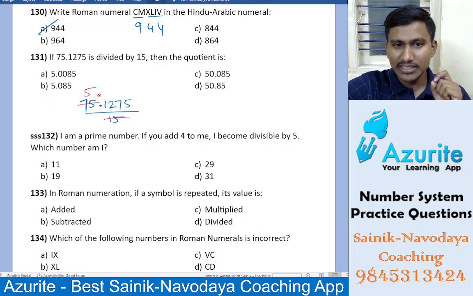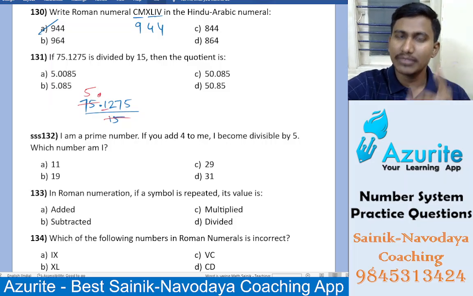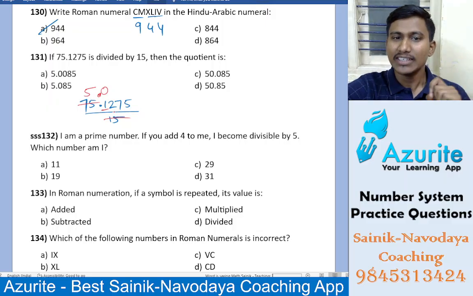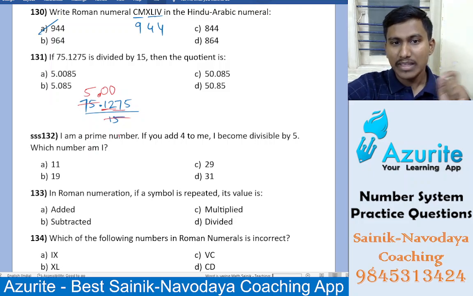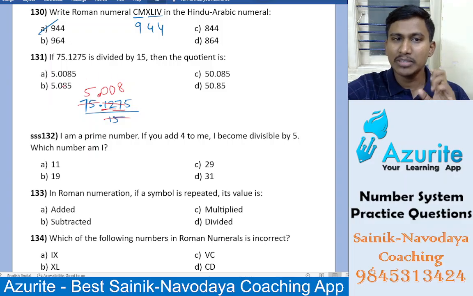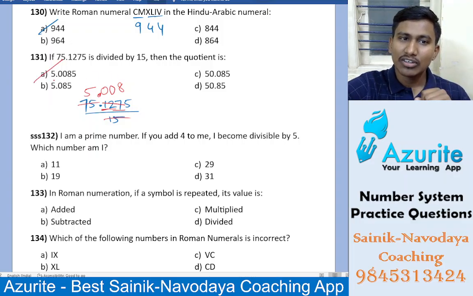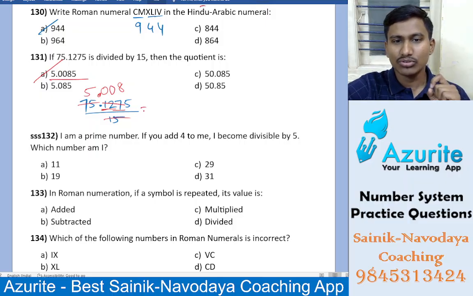Decimal is there, give the decimal, and then 1 is smaller than 15, so we have to take zeros, and then it will become 12, which is also smaller, so zeros. Next we have to take 7 here, so 15 8s are 120, so 5.008. 5.008 is option A, the answer, right? So 5.0085 will be the answer here.